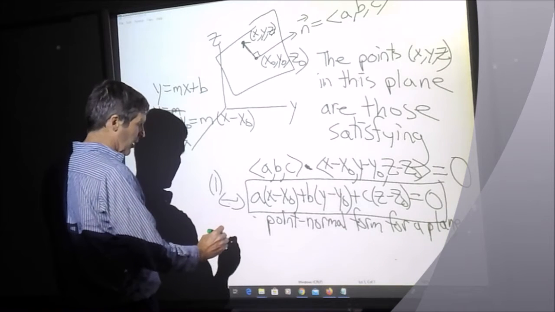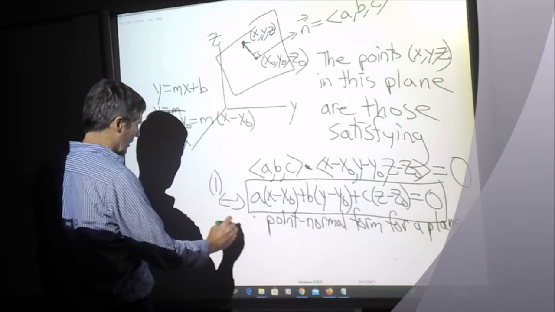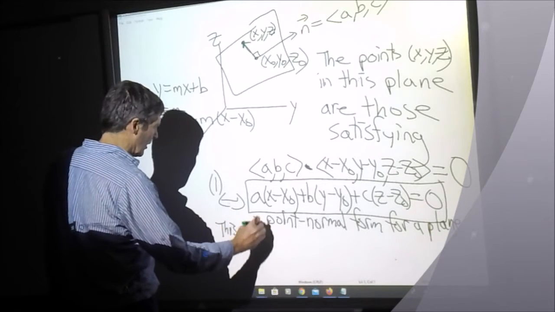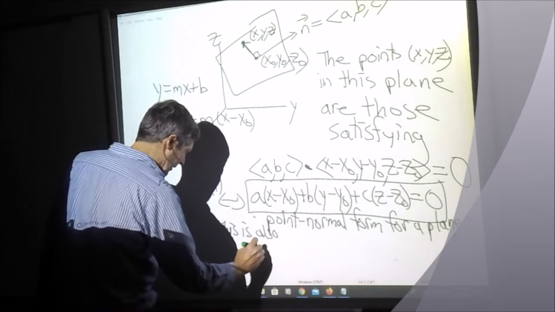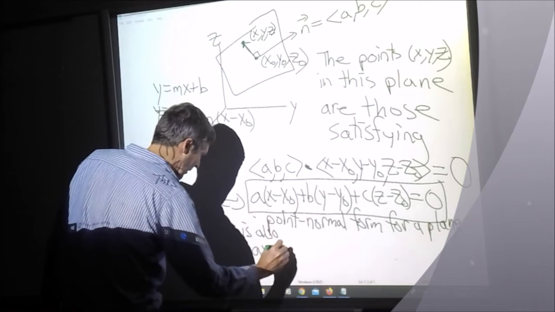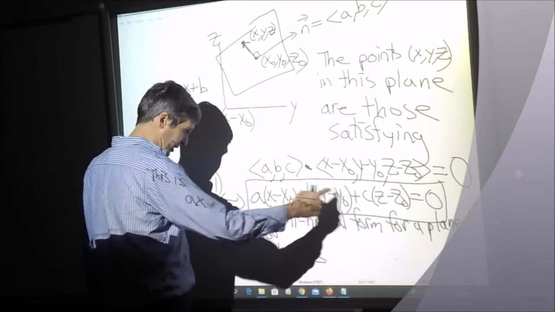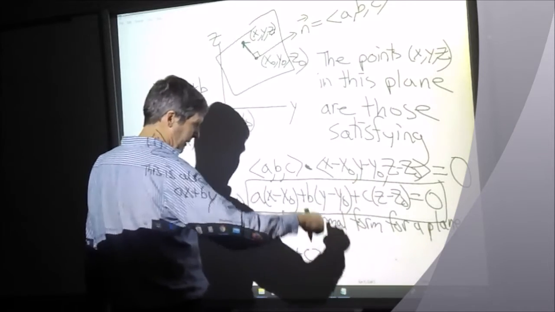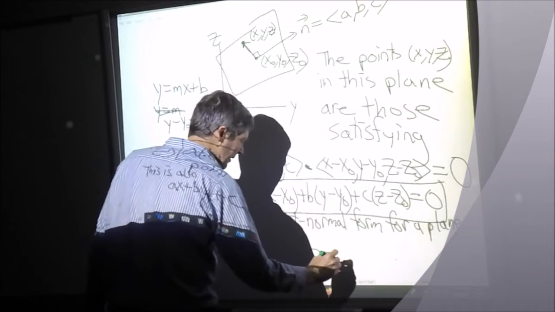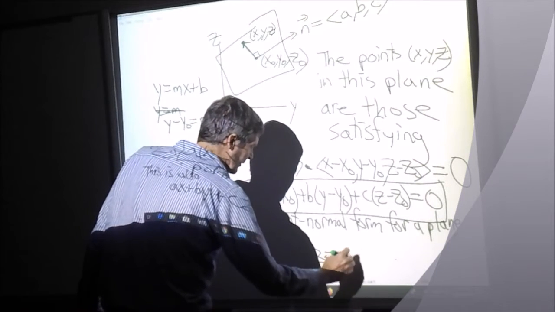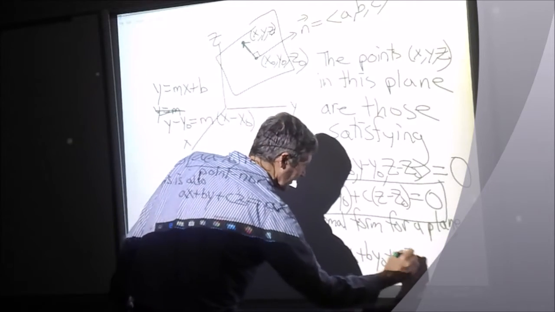Now, also, by multiplying out, this is ax plus by plus cz minus ax0 minus by0 minus cz0. Now, if I add them all over to the other side, it becomes ax0 plus by0 plus cz0.